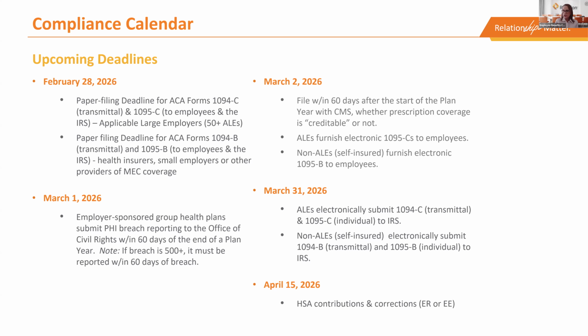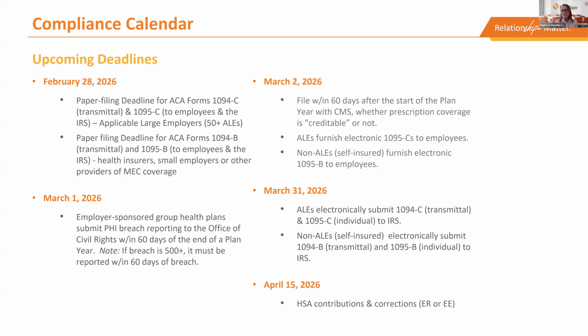As of March 1st, the employer-sponsored group health plans must submit their PHI, protected health information. Sorry, I didn't spell that out for you. They need to annually do their PHI breach reporting to the Office for Civil Rights.